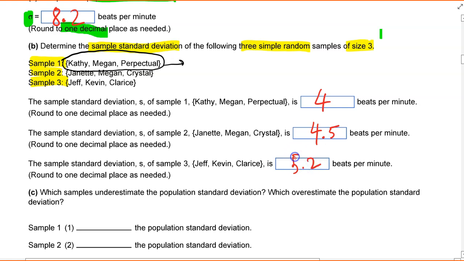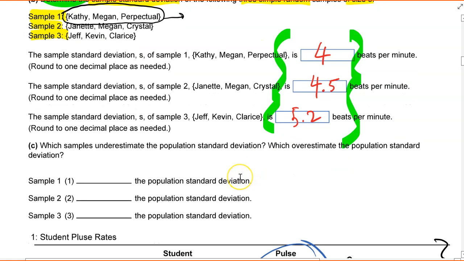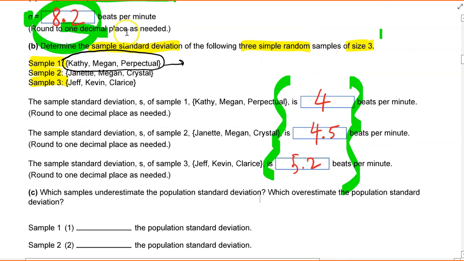Notice that the population standard deviation is 8.2. We have 3 sample standard deviations, and we can say that sample 1 has less standard deviation than the population. Therefore, sample 1 underestimates the population standard deviation. Underestimate.